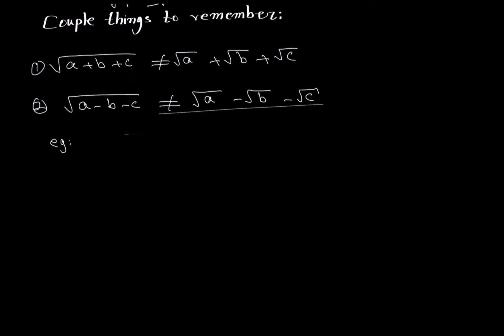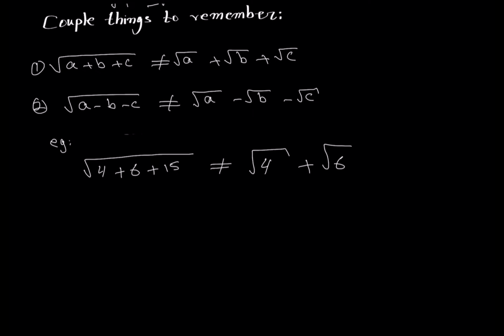Let's put an example here. Let's add some numbers: 4 plus 6 plus 15 is not equal to, as we claim, the square root of 4 plus the square root of 6 plus the square root of 15. Let's prove that. 4 and 6 is 10, and 10 and 15 will be 25.